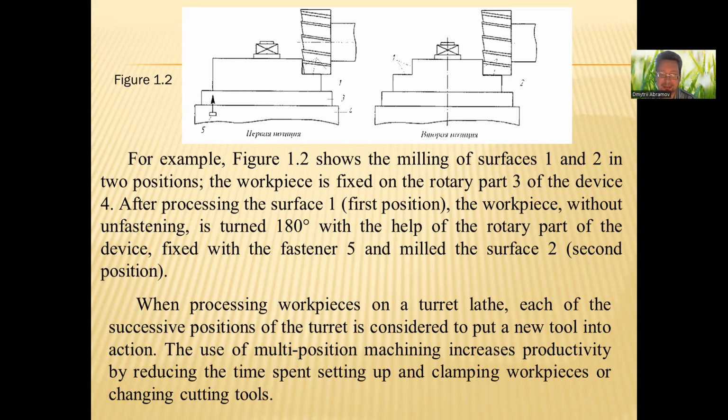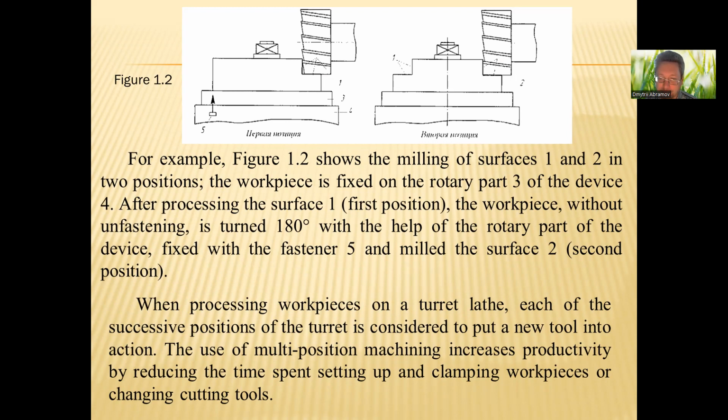After processing the surface 1, first position, the workpiece without unfastening is turned 150 degrees with the help of the rotary part of the device, fixed with the fastener 5, and the surface is milled in the second position.